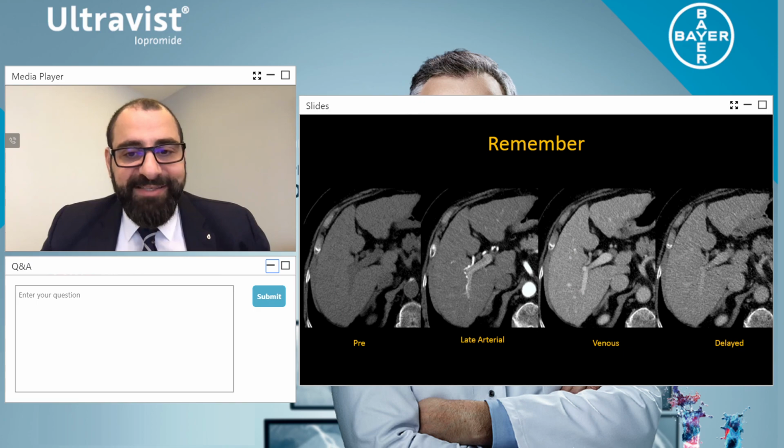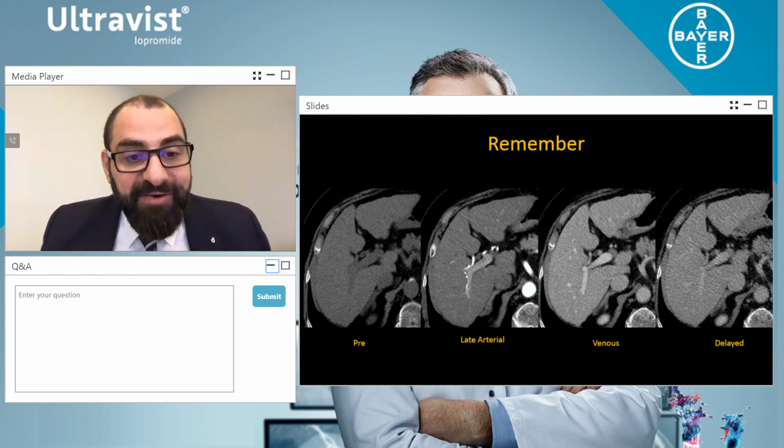And you can actually see that the liver is brighter because I've got equal distribution of contrast. And then if I go to my delayed phase, I still have a little bit of contrast in the venous system because remember, in my delayed phase, we want to have contrast delayed at about 8 minutes and above, okay? There's still contrast recirculating in there, but the density of the liver has just dropped back.